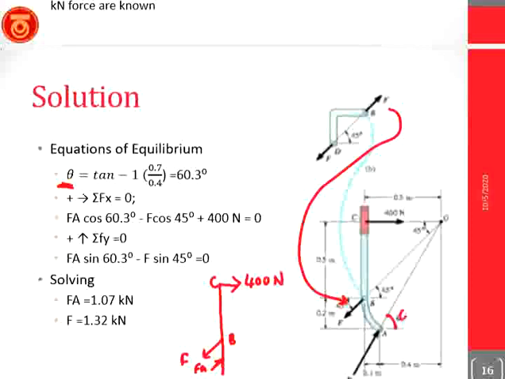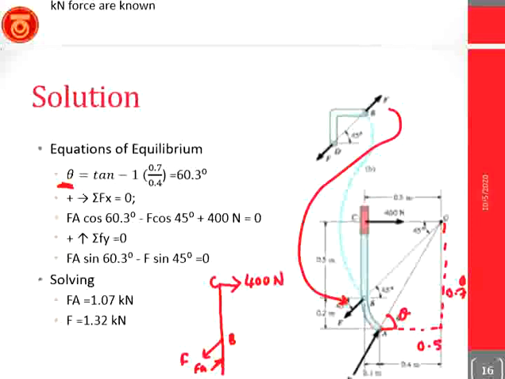So theta is here, and this one is 0.7, and this one is 0.5. So the angle theta is tan inverse of 0.7 over 0.4.